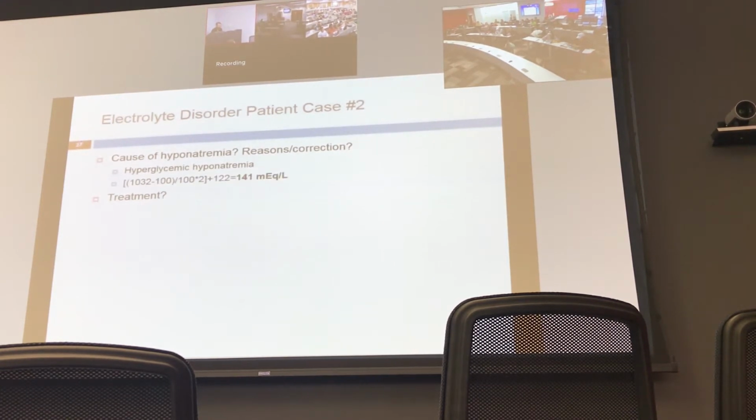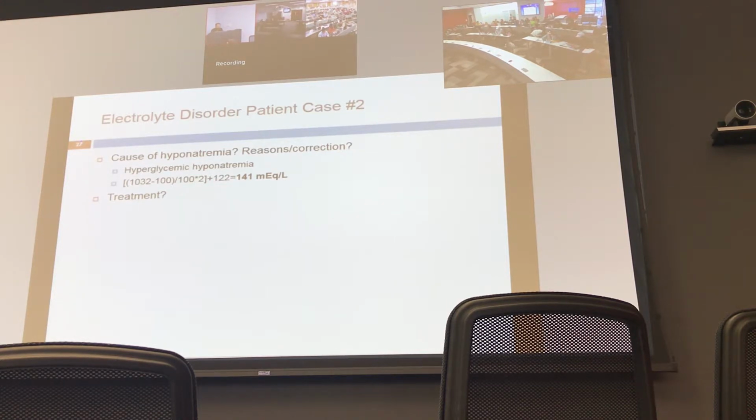Let's talk about it. So remember that the formula that we use to correct for this is essentially for every 100 over 100 that the blood glucose is, you add 2 to the serum sodium. So the formula is listed there. So if you think more mathematically, there you go. But if you think verbally, for every 100 over 100 that your blood glucose is, add 2 to your serum sodium.